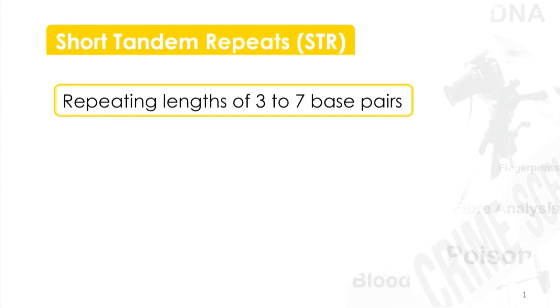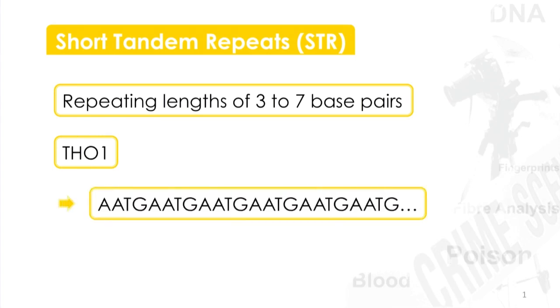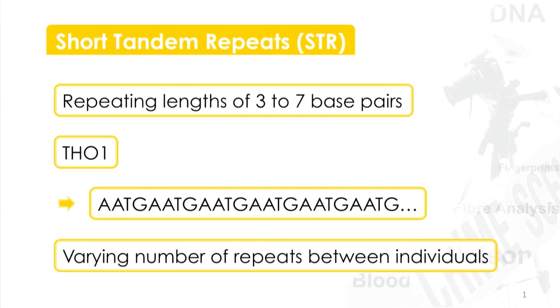So let's take an example of the STR which is called TH01. TH01 involves the sequence AATG, and then that AATG is repeated and repeated and repeated. What varies from individual to individual is the number of times the little sequence is repeated.